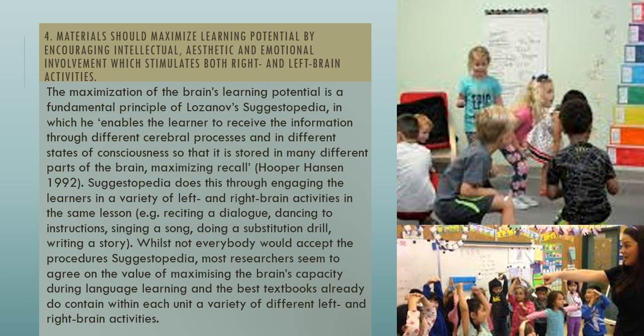Maximizing Recall, Herbert Hansen, 1992. Suggestopedia does this through engaging the learners in a variety of left and right brain activities in the same lesson. Example: reciting a dialogue, dancing to instructions, singing a song, doing a substitution drill, reading a story.